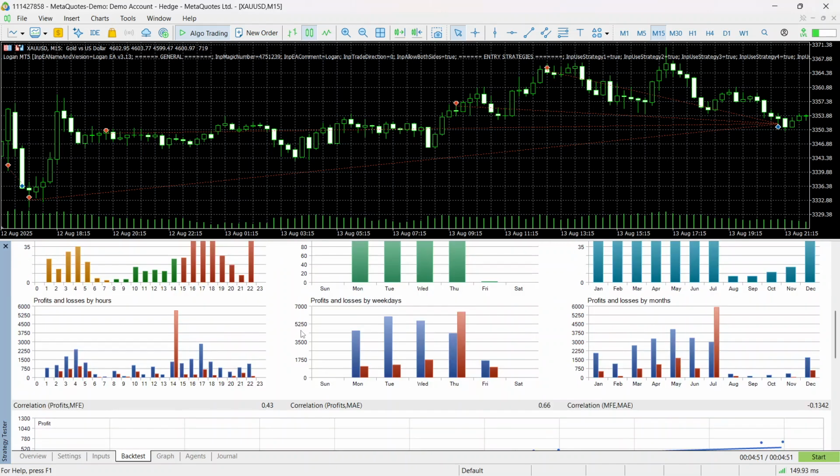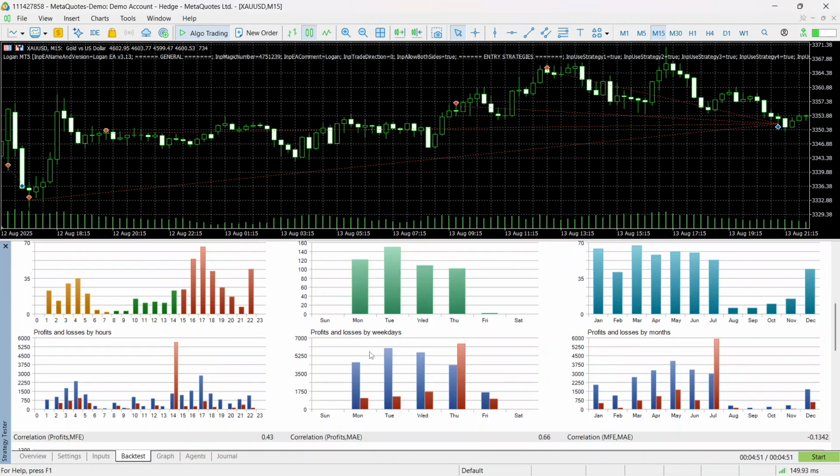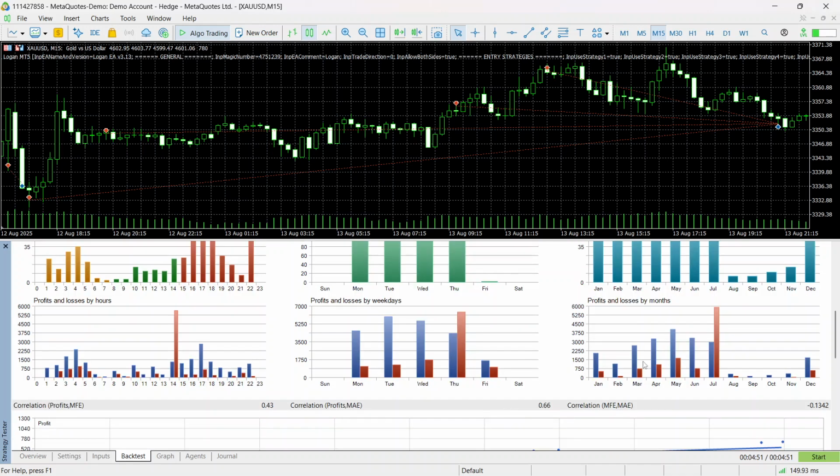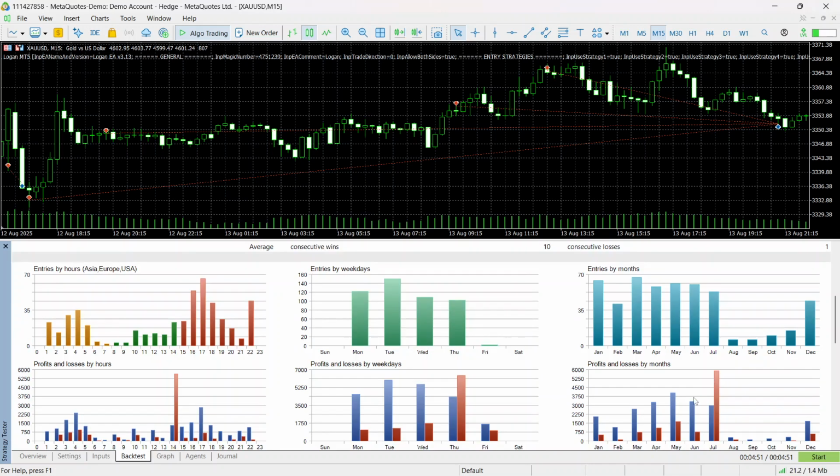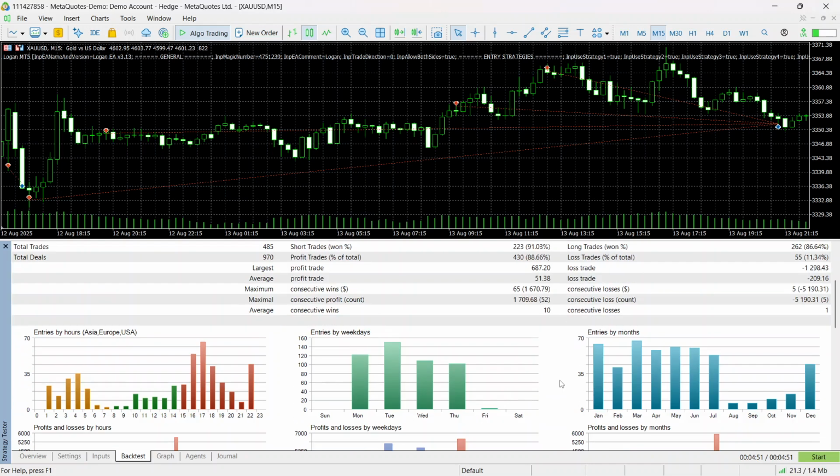If you scroll down, we can see profit and losses by weekdays. You can see I made more profits Monday, Tuesday, Wednesday, Thursday, and Friday came down. Thursday losses superseded the profit. I made losses in July, more losses in July, and more profits in May.